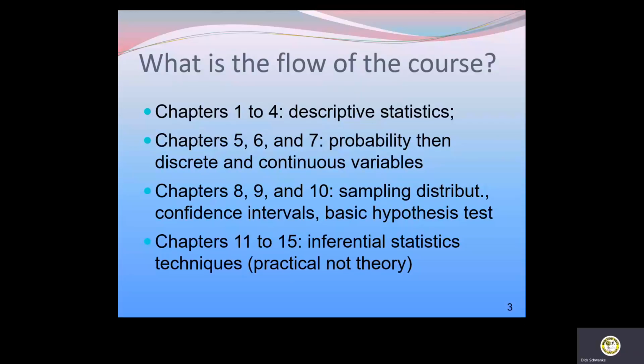And really all of that's in the way of almost introduction, because when we get to chapters 8, 9, and 10, that's where we really start looking at sampling distributions, confidence intervals, and the basic hypothesis testing. In other words, trying to answer those questions that we might have based on the data. And then our final 4 chapters, our last unit, will be additional inferential statistics techniques.